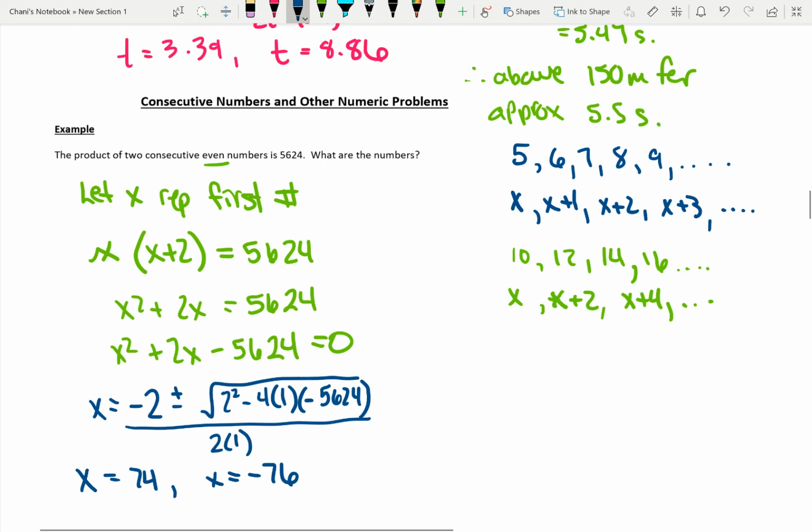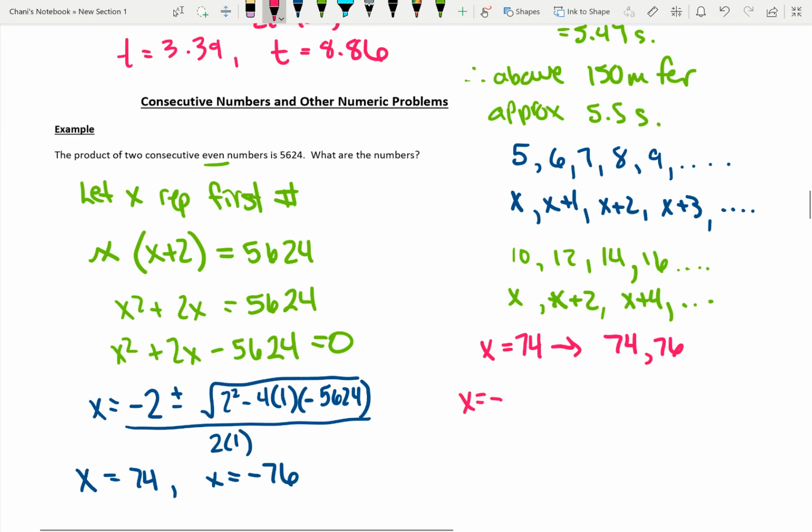Now your first gut reaction might be to think that this is inadmissible, but this actually gives you two sets of solutions. The first one, where x is 74, means that the two numbers are 74 and 76. If you check in your calculator, 74 times 76 equals 5,624.